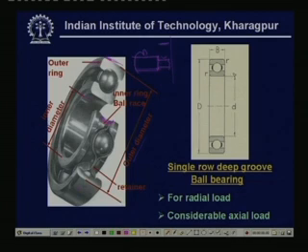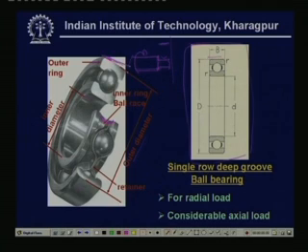Now, this is a figure which shows how we represent a bearing in a drawing. This is the ball, this is the outer diameter, this is the inner diameter, and this is the width of the bearing.